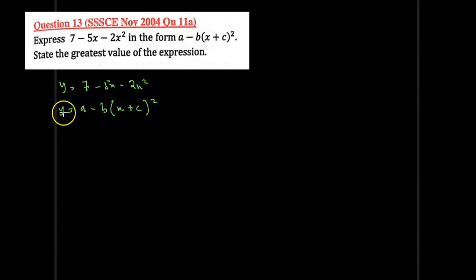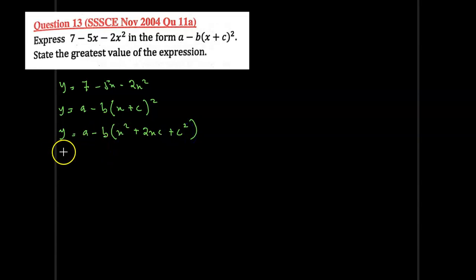Expanding that, we have y equal to a minus b into bracket x squared plus 2xc plus c squared, before you multiply the b through.